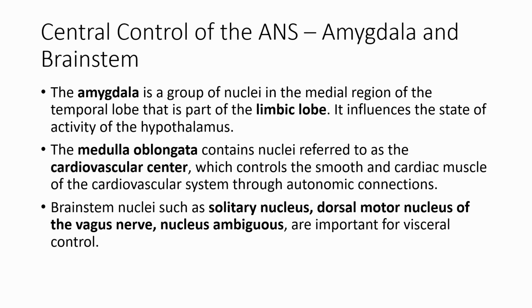And then the brainstem nuclei, like the solitary nucleus, the dorsal motor nucleus of the vagus nerve, the nucleus ambiguus, those are going to be important for visceral control, which makes sense to me. Think about the vagus nerve. The vagus nerve is really one of the big ones when it comes to controlling all of the viscera, the organs we find in your abdominal cavity. So if you remember from the cranial nerves, if you don't, I would go back and look at that one. You're going to have to know the vagus nerve, so don't forget that one.